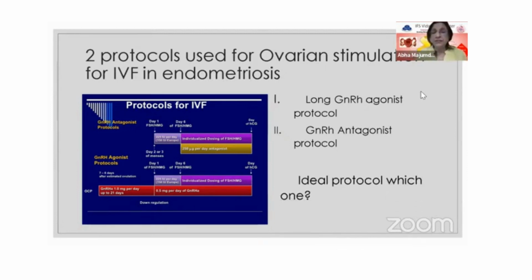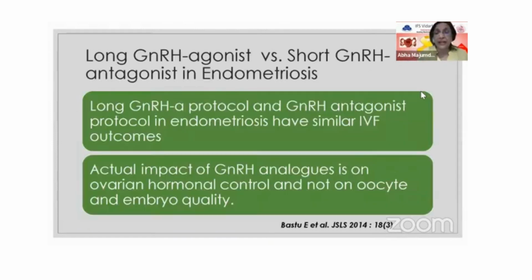So apart from this, which is the ideal protocol for endometriosis women? Is it long GnRH-agonist protocol or the GnRH-antagonist protocol? Well, long GnRH-agonist versus short GnRH-antagonist in endometriosis has been studied time and time again, and both have similar IVF outcomes.